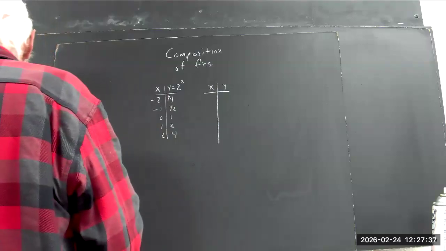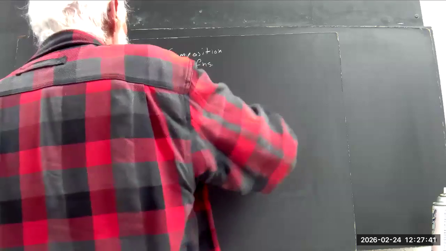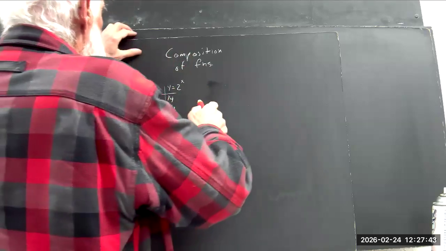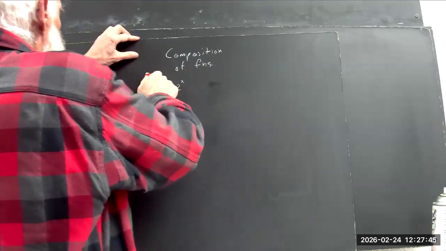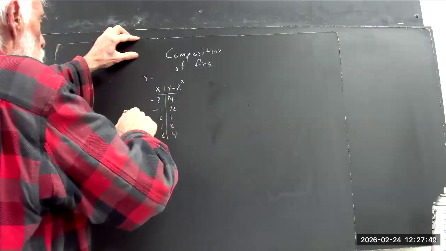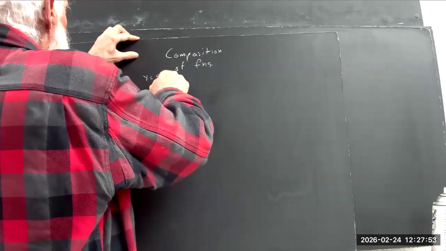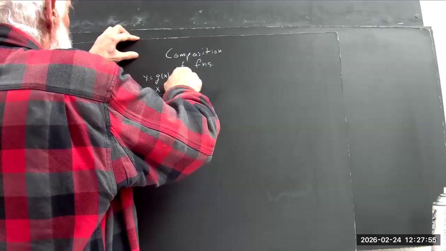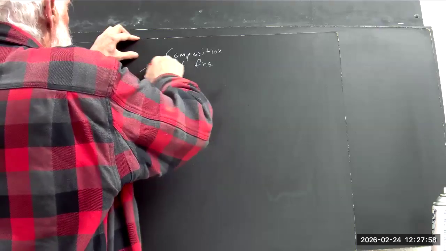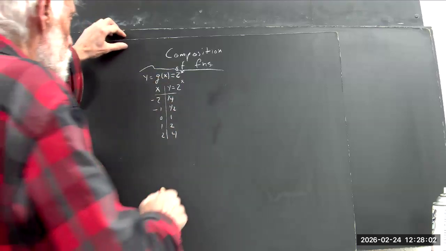I'm going to make a table for this function. It's getting crowded here, but it's y equals g of x equals 2 to the x.